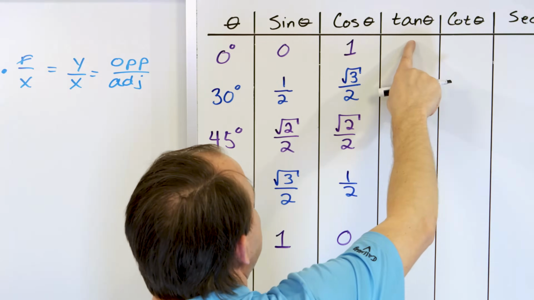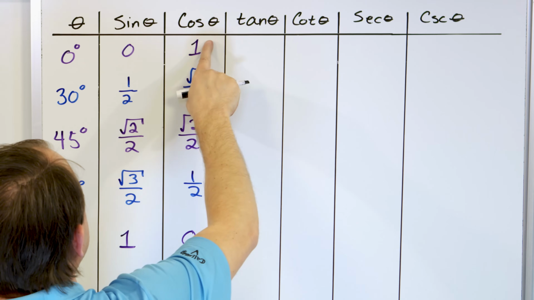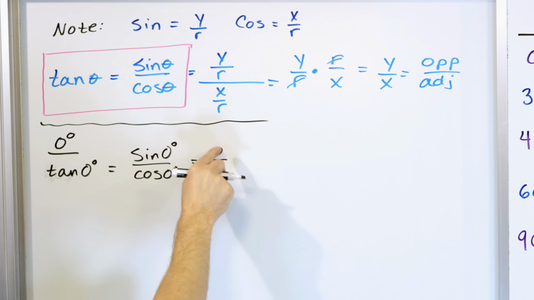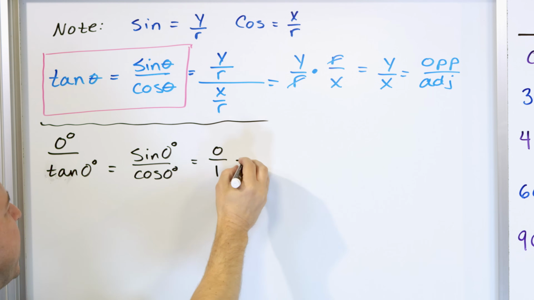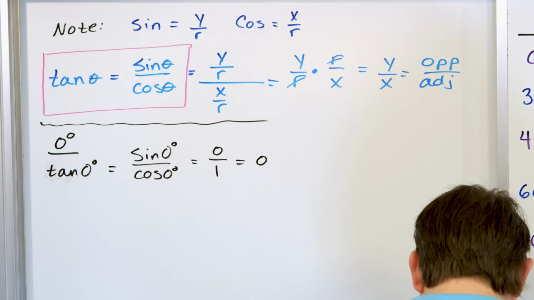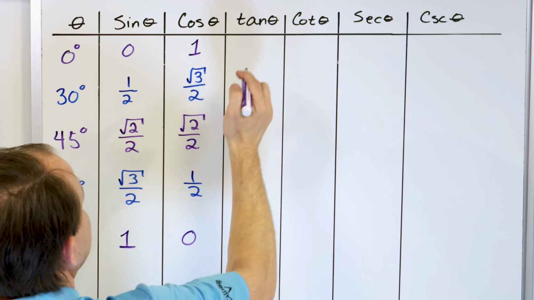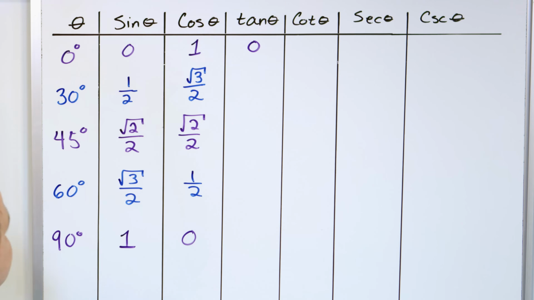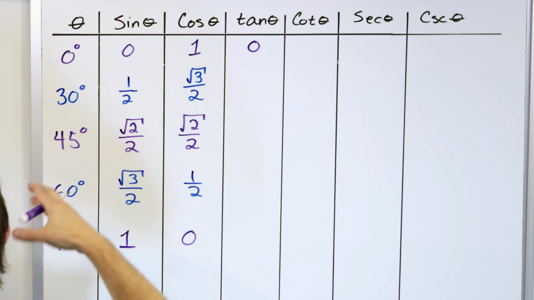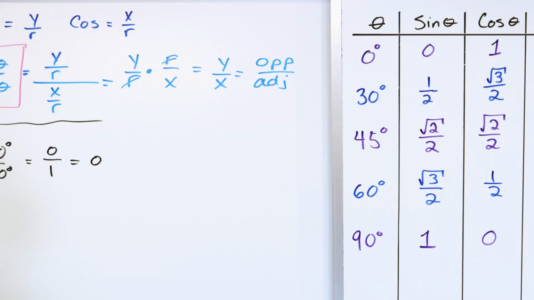Sine is 0 and cosine is 1, so you're going to get 0 over 1. What do you get? 0. So the tangent of 0 degrees is 0. That's how you use this thing. You don't memorize that the tangent of 0 is 0. You calculate the sine and the cosine, and then you figure out what the tangent is.